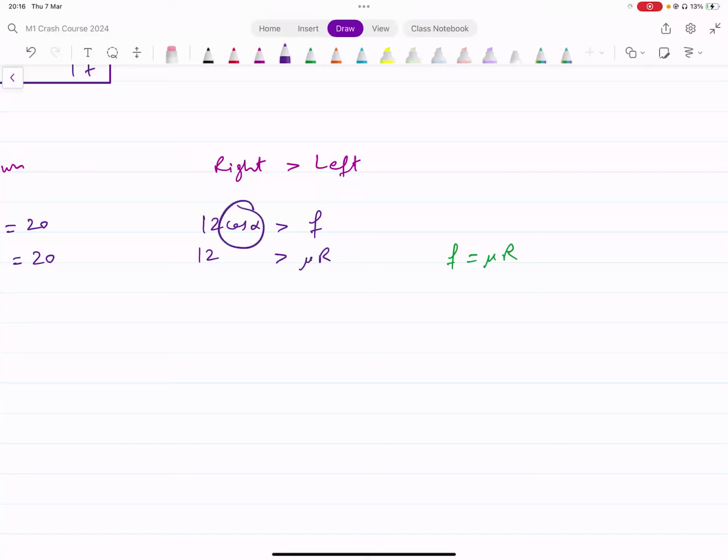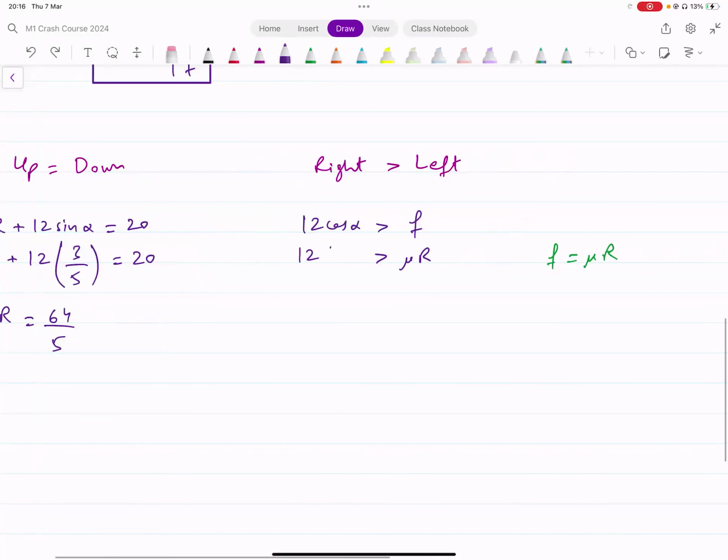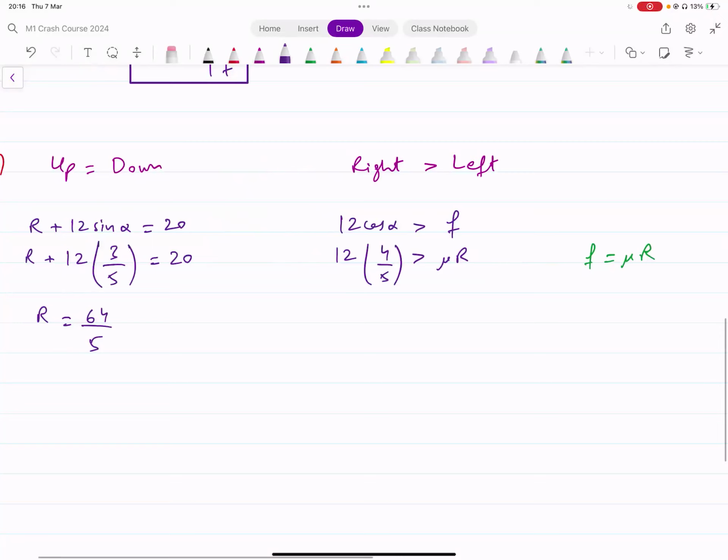What about cos alpha? We figured this out above. It was 4/5. And now we can just input all values. 12 into 4, that is 48/5. That is greater than mu into R. What's the value of R? R is 64/5 from there.